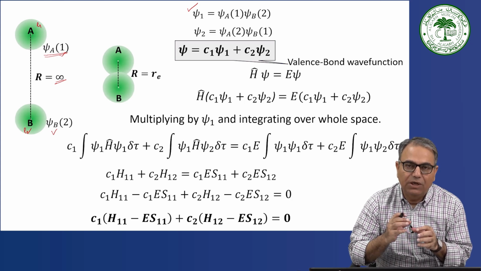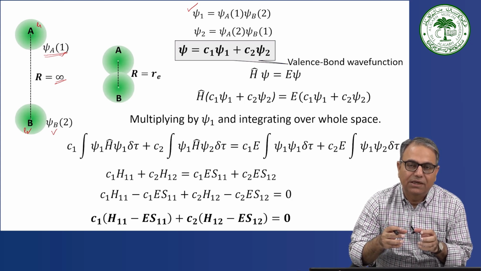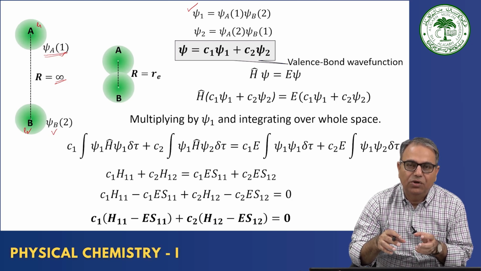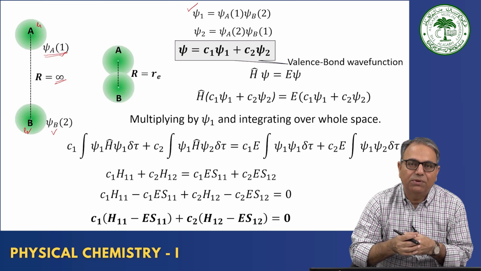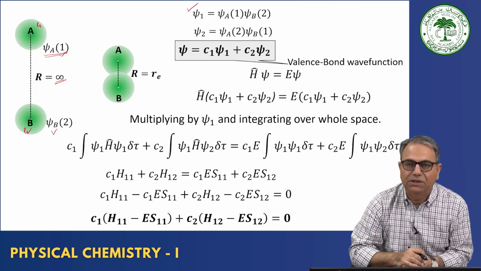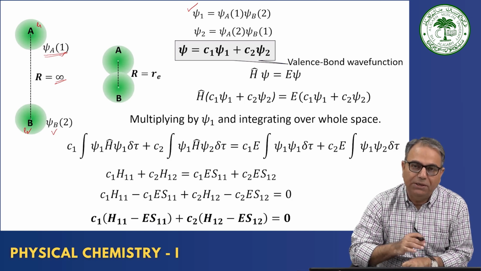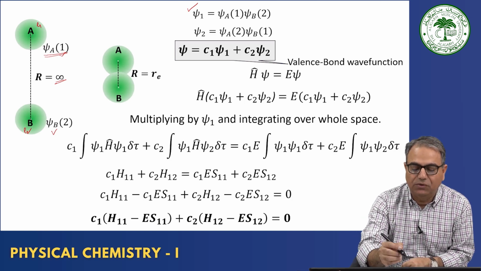Since the identity is lost, any electron can be with any of the nuclei. It is just possible that electron 1 may go and interact in the vicinity of B, and electron 2 may go in the vicinity of A. So an exchange of electrons is also possible with respect to the nuclei. So this system, which is a bonded H2 molecule, can be equally represented by another wave function psi 2.